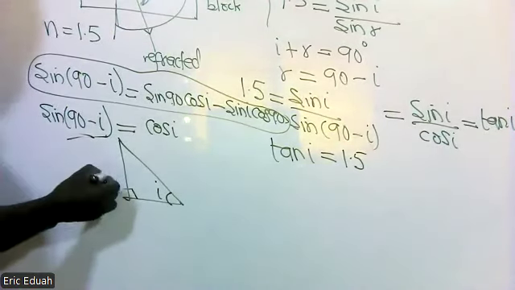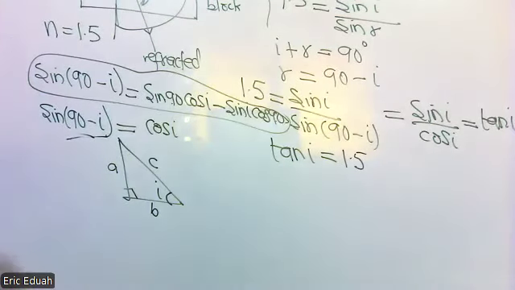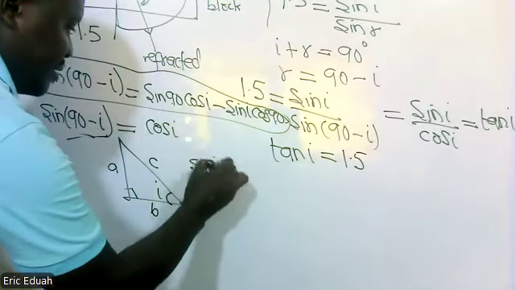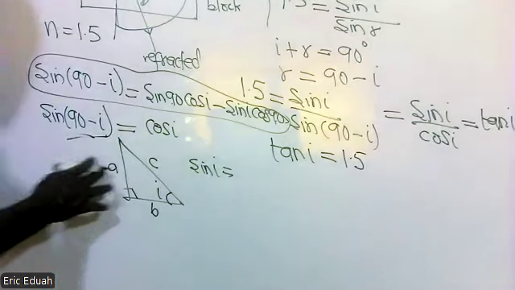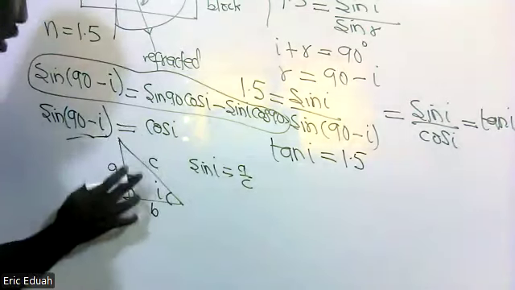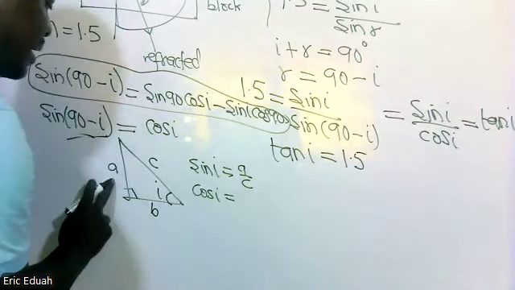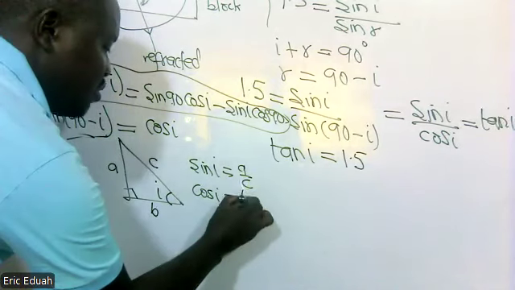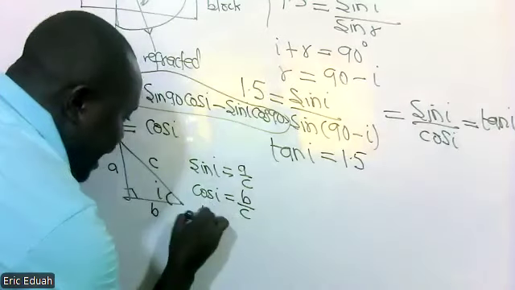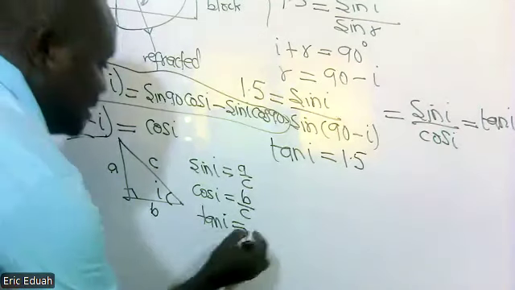So if this is A, B, and C, when you determine sine I from here, it is equal to A over C. Cos I from here is also equal to B over C. Tan I is equal to A over B.